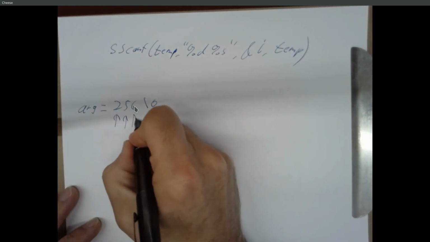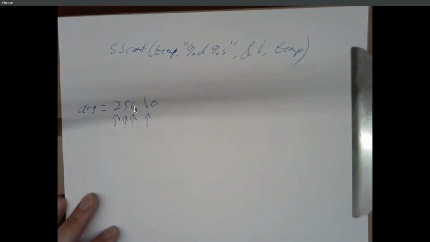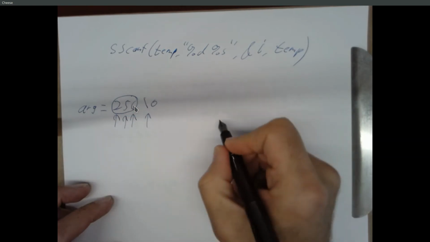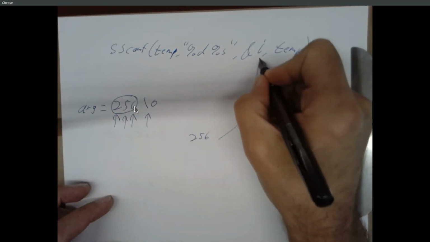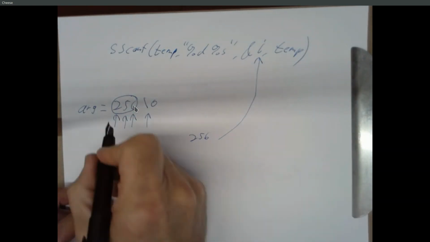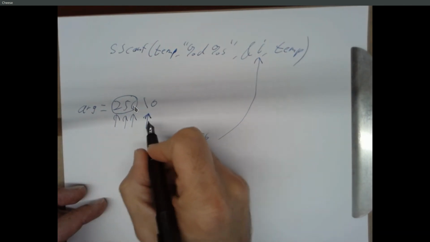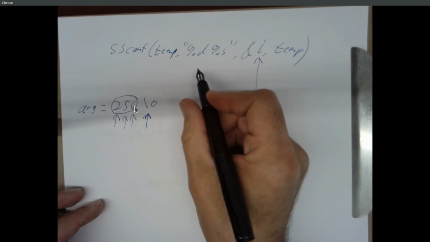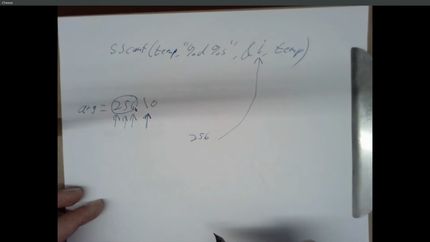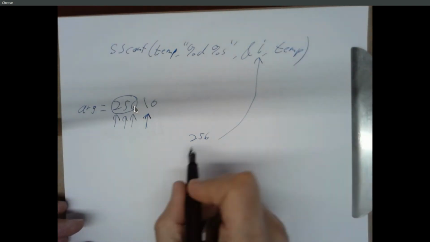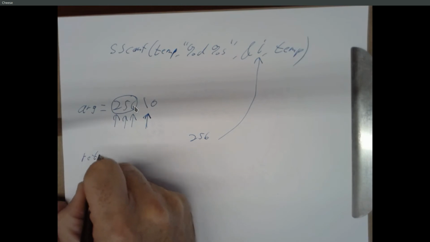Integer, yes, integer, yes, integer, yes, integer, no. So this matches an integer. Let's take that, convert it, 256. Let's load that into i. We used up the first 3 characters. Let's look at this 4th character. Could this be the start of a string? No, it's a null terminator. So it can't match anything to a string, so it does not do anything with temp. And it says I converted one thing, so it returns a 1.